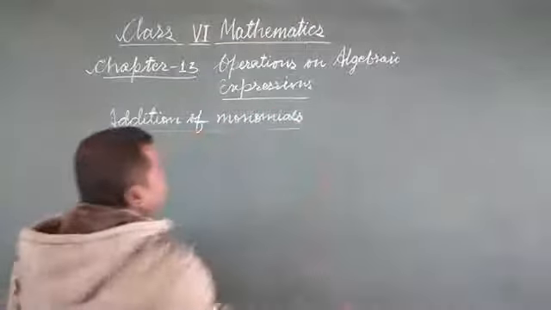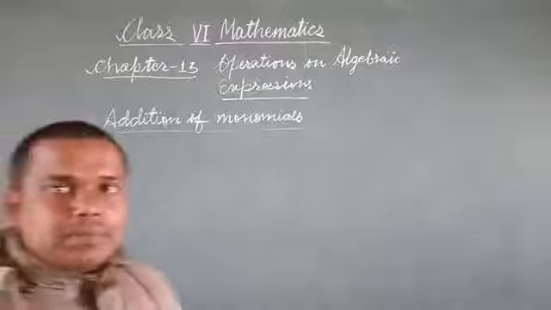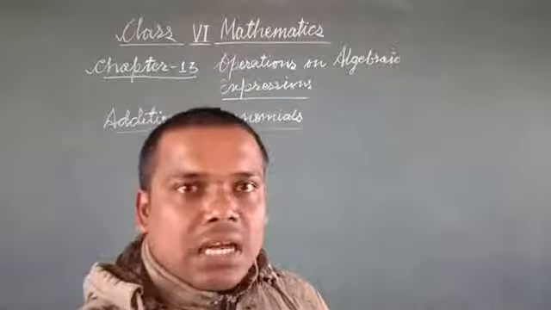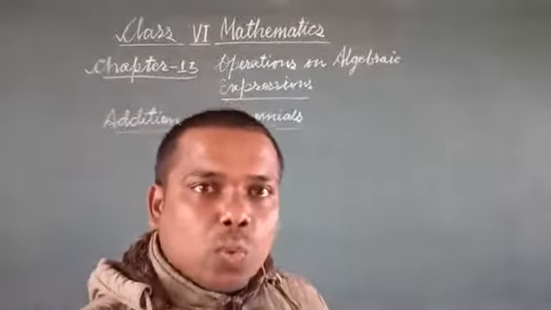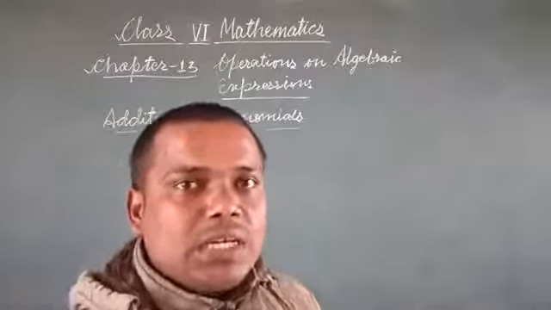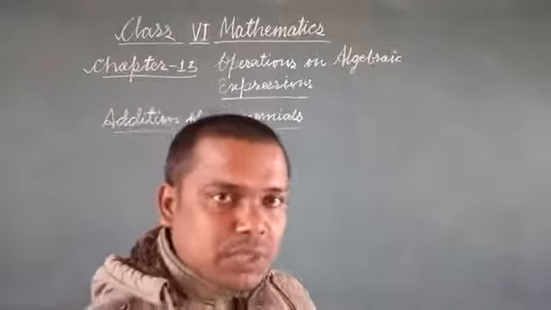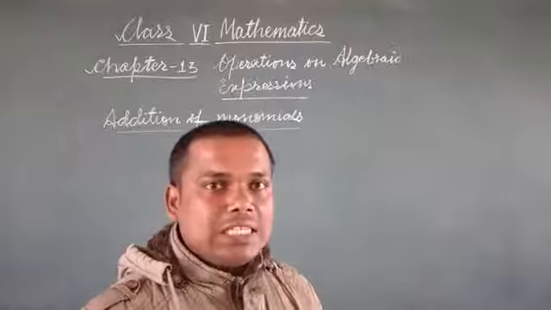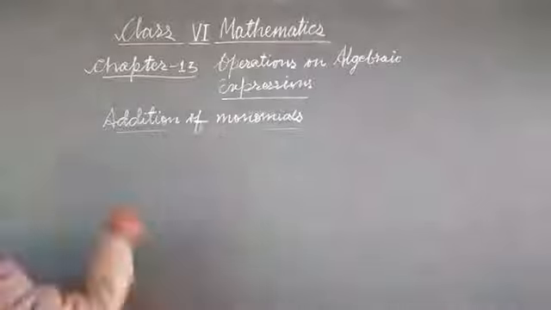You know, when an algebraic expression has one and only one term, it is said to be a monomial. So we are going to add monomials. Look at here, example.